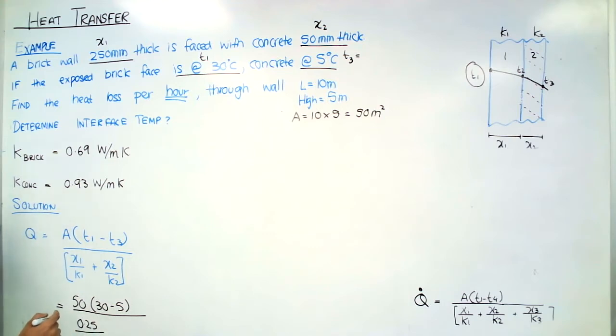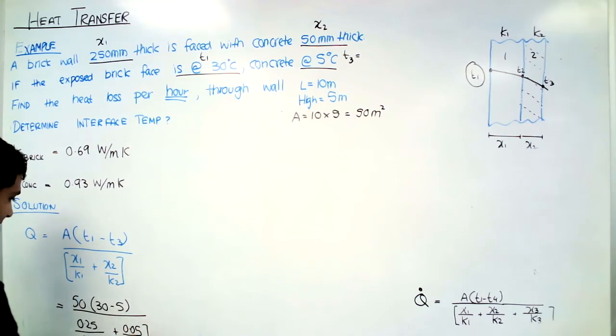And K1 is brick, 0.69. Plus X2 is 50, divided by 1,000, and 0.93. If you put that in the calculator, you will get an answer.